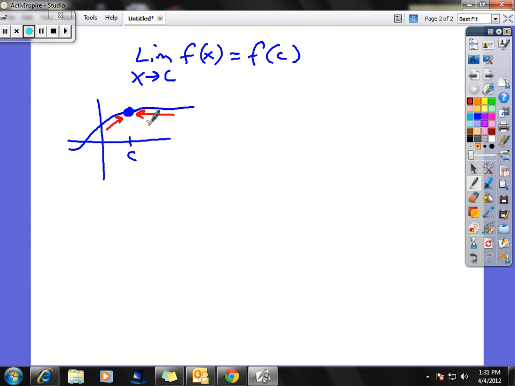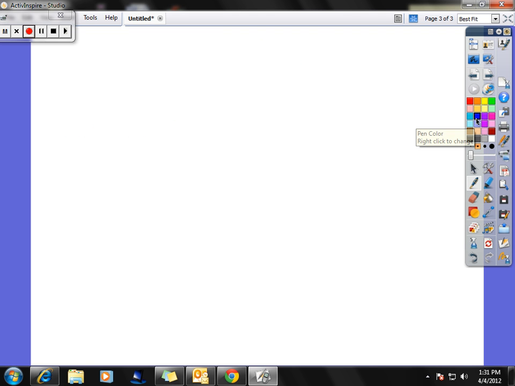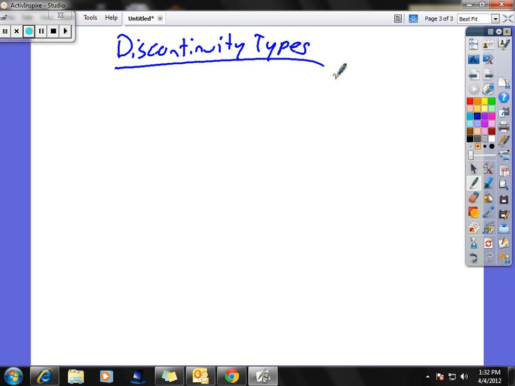So let's talk about the types of discontinuities. Discontinuities pretty much always, well, almost always involve a denominator of a fraction, because that's where things can't happen.